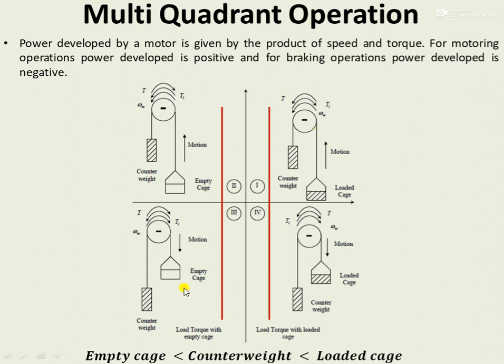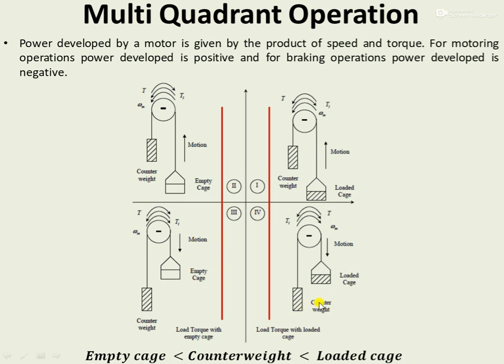So the downward motion of the cage will be exactly opposite to that of the first and second quadrant operation. So the downward motion of this cage can be assumed to be the reverse direction. In the third quadrant, in specific, it will be reverse motoring operation, as the power developed has positive sign.